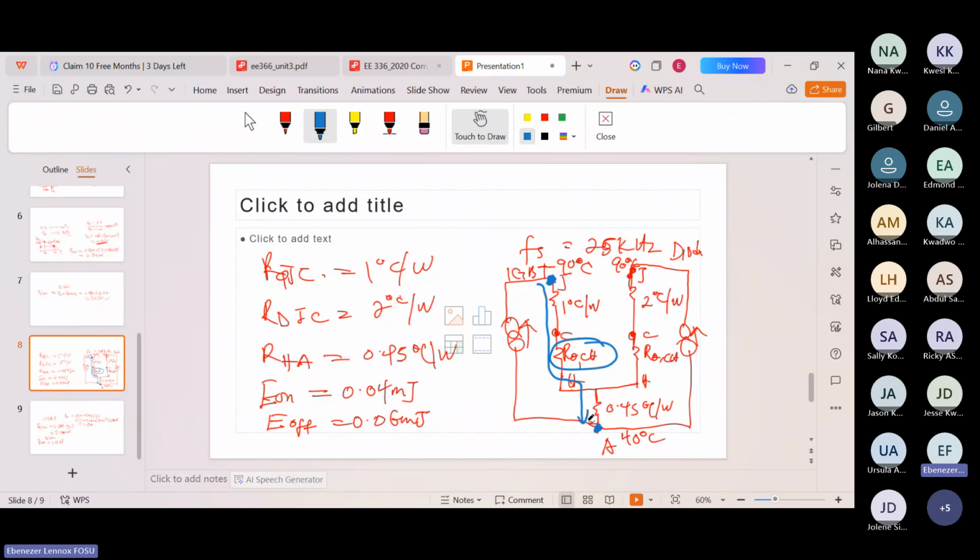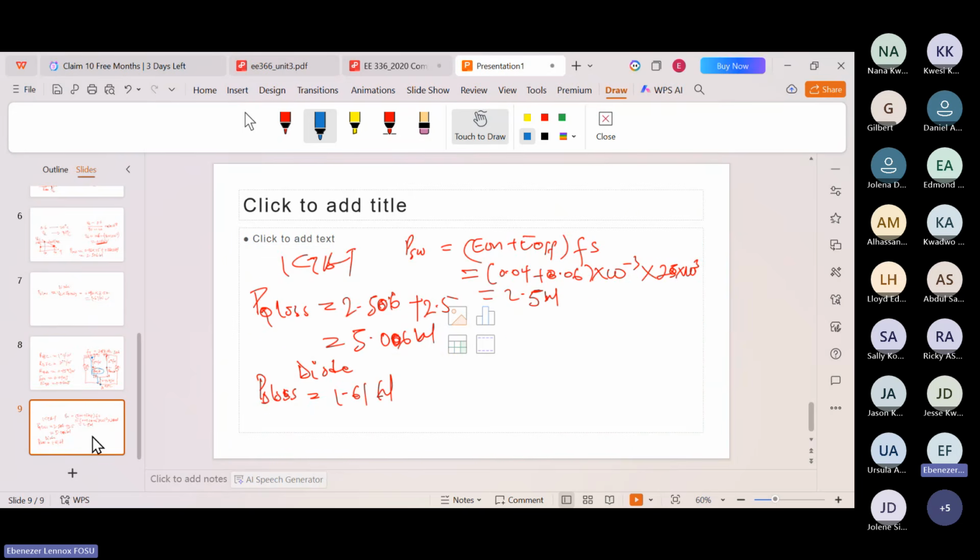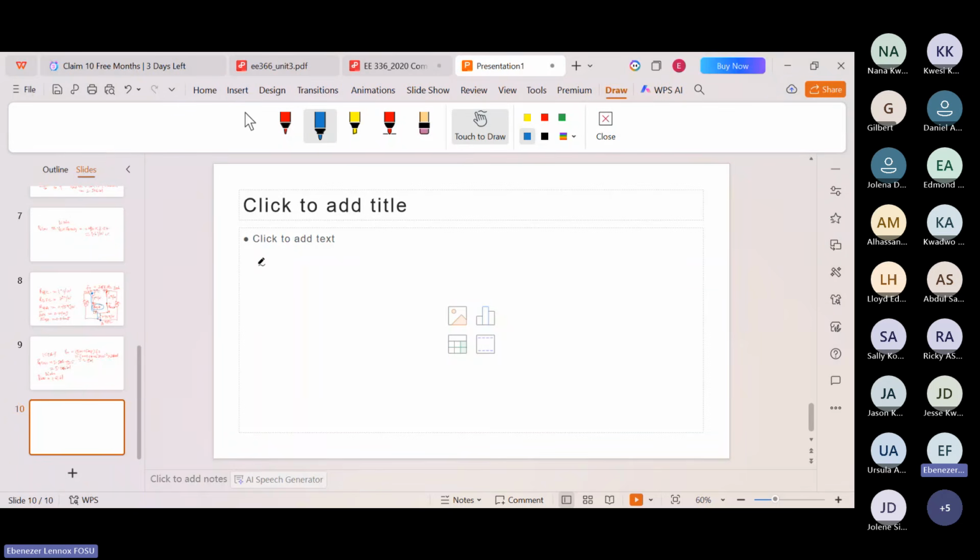The difference gives me the drops in the resistor. That is the idea I'll be applying. I'll write it on the next slide. So here I'm going to have TJ, the IGBT side, minus T ambient, should be equal to all the drops.